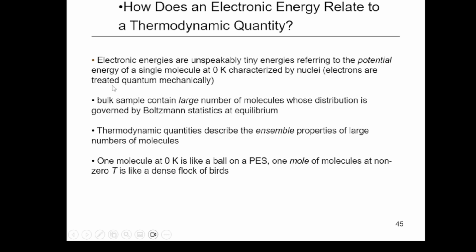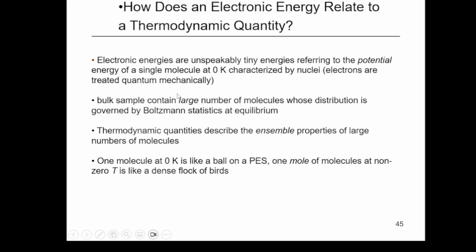Now, your bulk sample contains a large number of molecules whose distribution is governed by Boltzmann statistics at equilibrium. Thermodynamic quantities describe the ensemble properties of a large number of molecules.